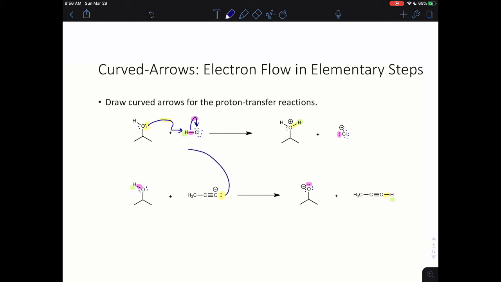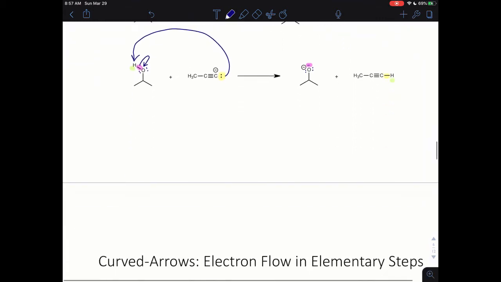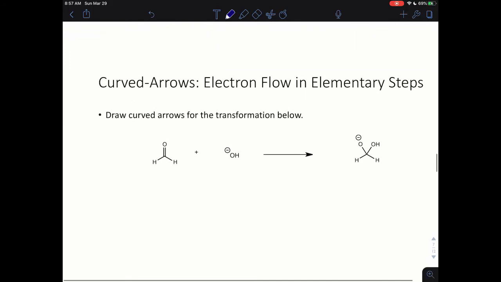So I'm going to make the CH bond, so have carbon come and use these electrons to make the bond to hydrogen. So that's this first part. And then the electrons in the OH bond go to oxygen.